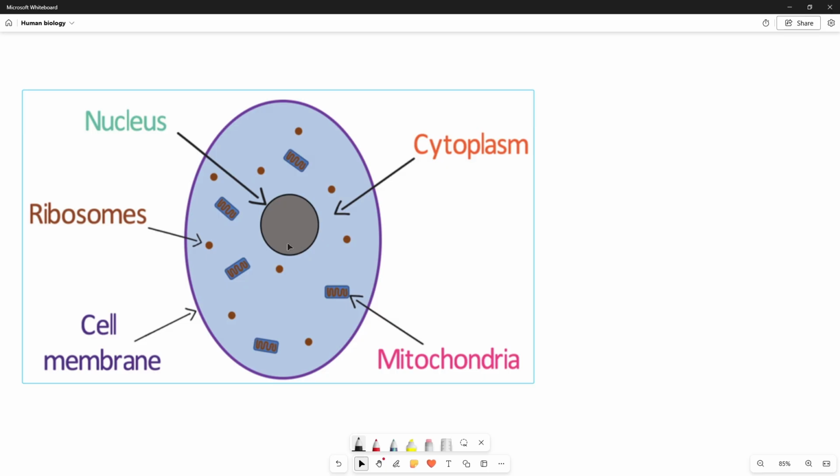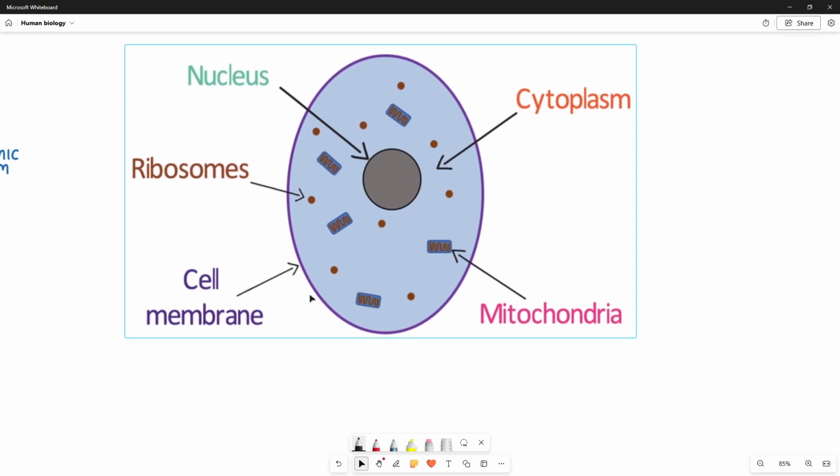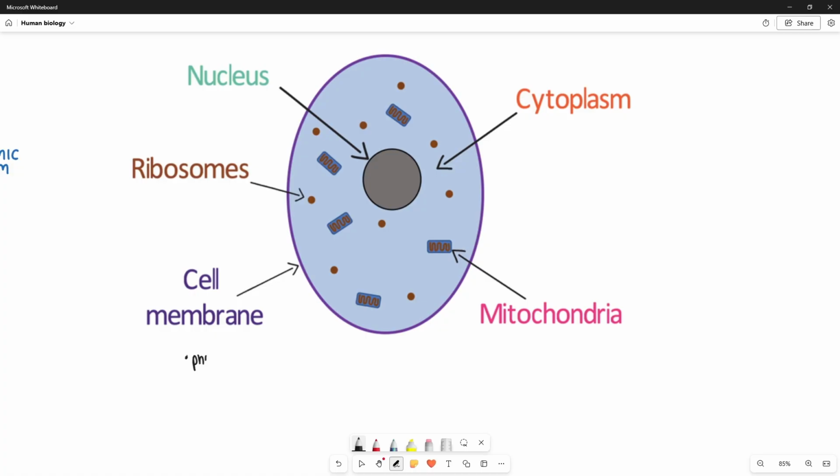The first thing that we're going to talk about is the cell surface membrane. You can see it drawn as a line, but that is inaccurate, because the cell surface membrane is actually a phospholipid bilayer. So that's important to write down. It's a phospholipid bilayer.